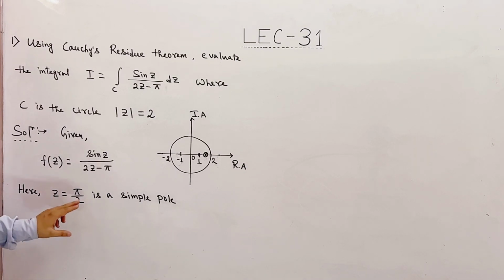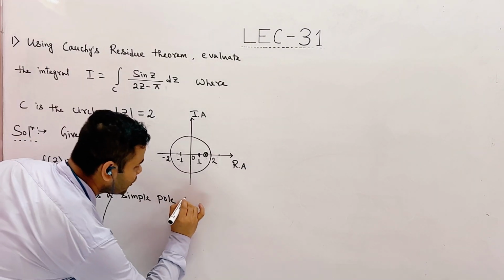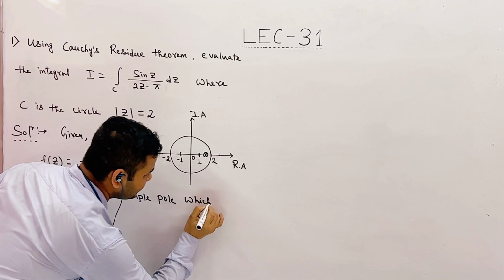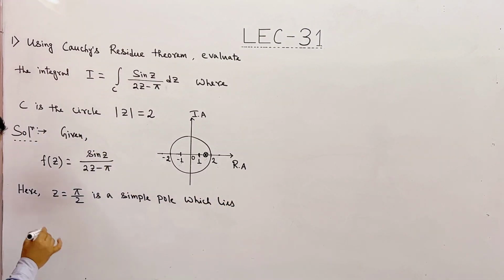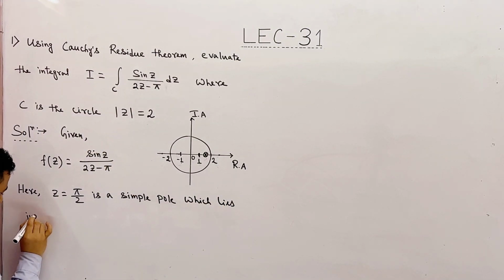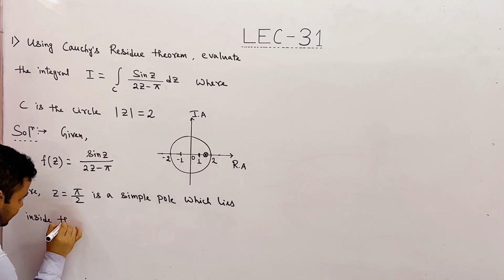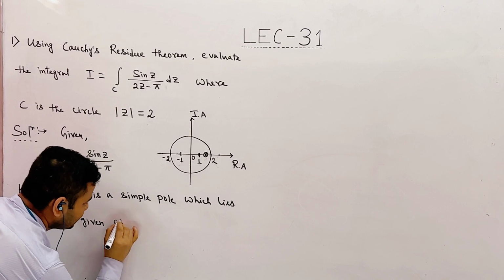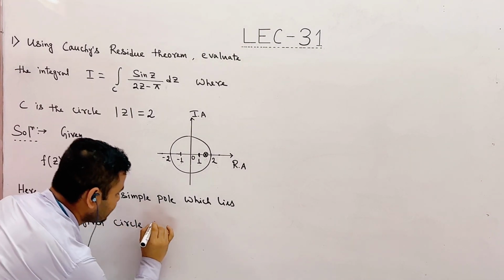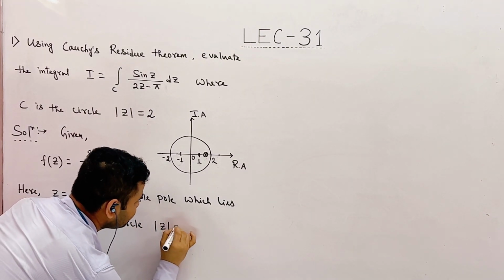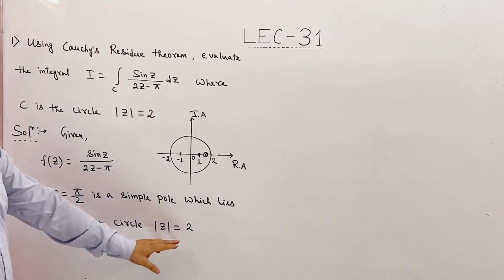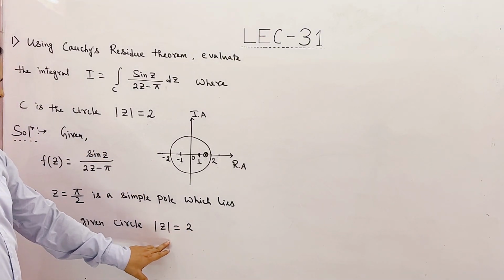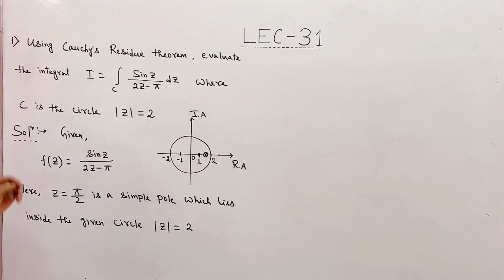So, here z equal to pi by 2 is a simple pole which lies inside the given circle modulus of z equal to 2. The radius of the circle is 2 and the center is at z equal to 0.